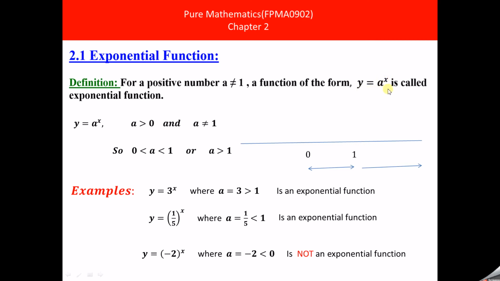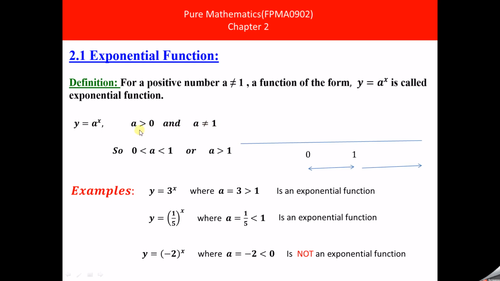So any function of this form is an exponential function where this base a is a positive number and a is not equal to 1. So we write y equals a power x where a is greater than 0, that is positive, and a is not equal to 1.